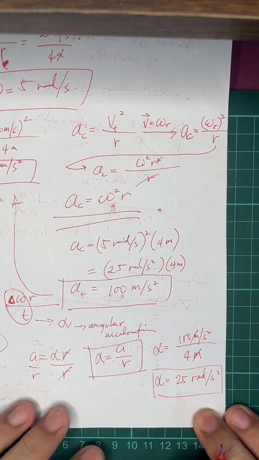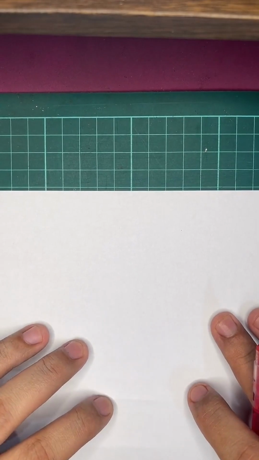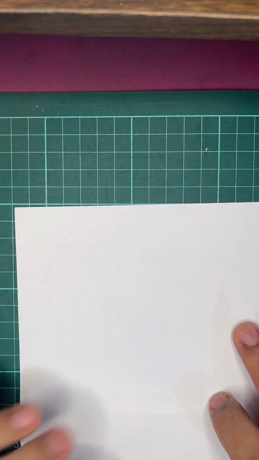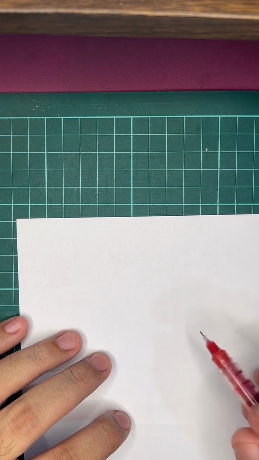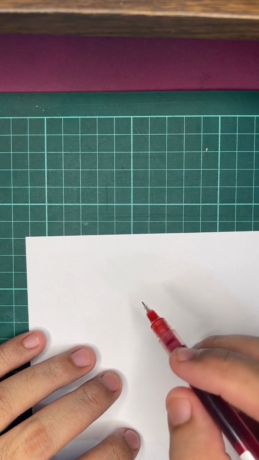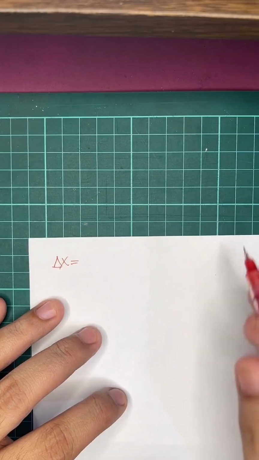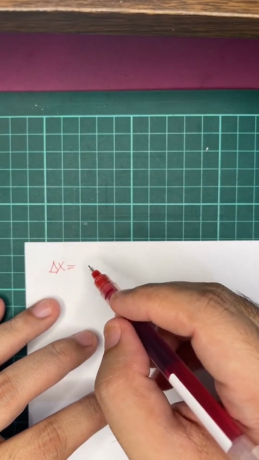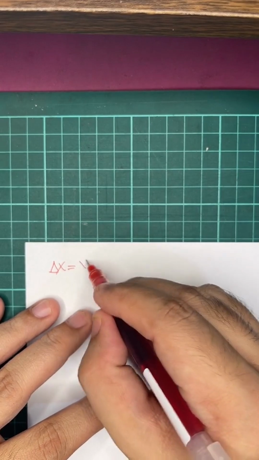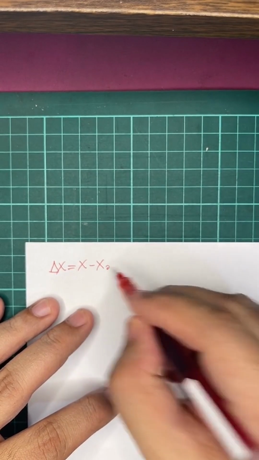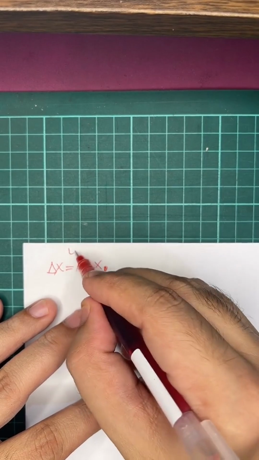That's it. Let's summarize the analogs. So we have delta x is equal to x minus x naught. This is for linear.